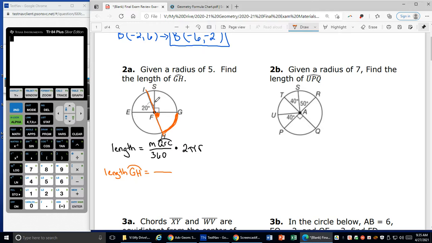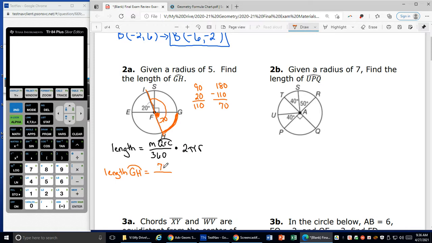I've used 20 and I've used 90. So far, 90 and 20 is 110. I know on one side of a line, there's 180 degrees. I've already used 110, so that leaves 70 left for here. So that 20, 90, and 70 make 180.